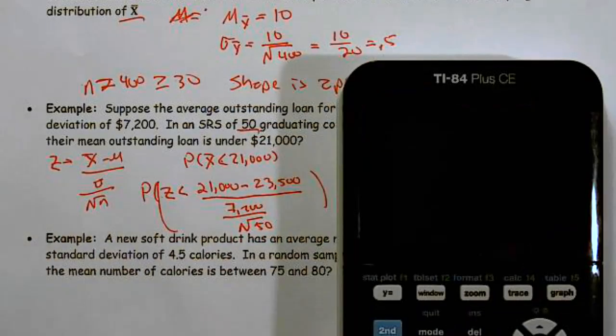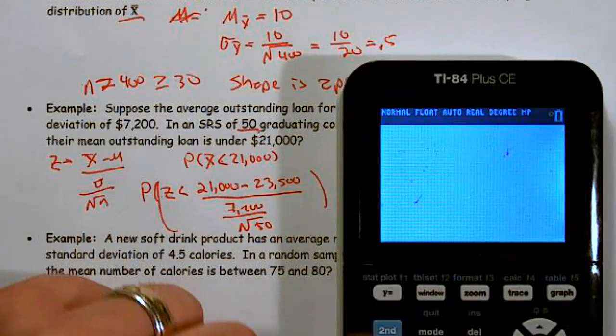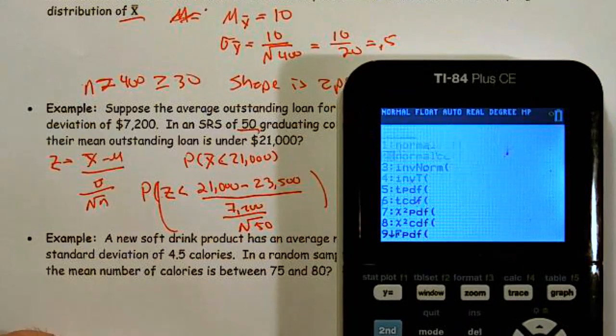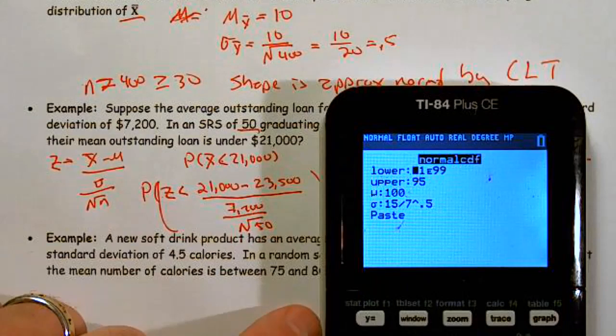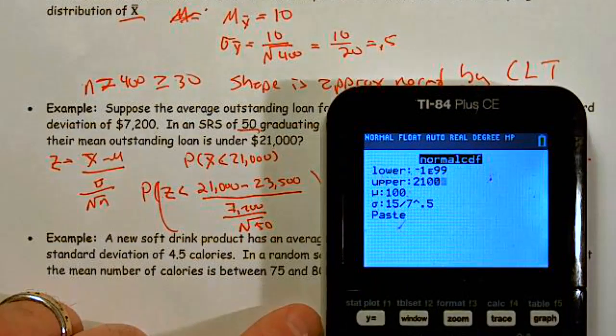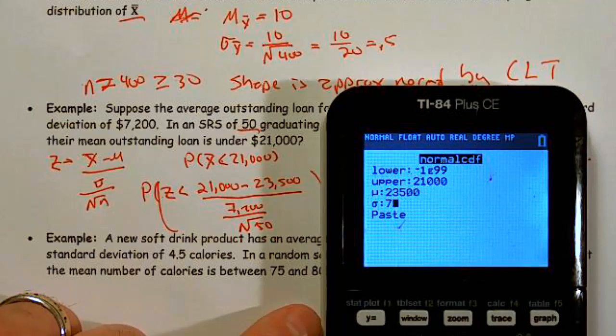So 2 ways to do this. I'm going to do this with normal CDF: lower bound, negative infinity, upper bound 21,000, mean 23,500, standard deviation 7,000 divided by 50 raised to the half power.